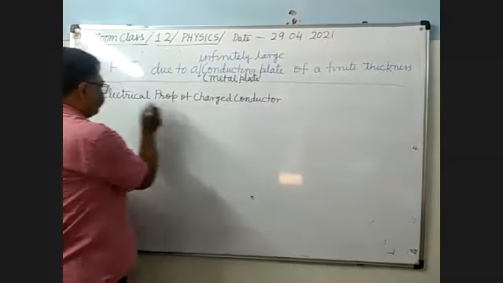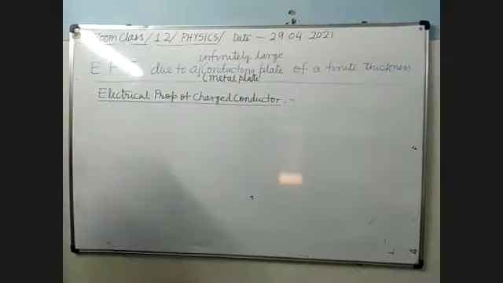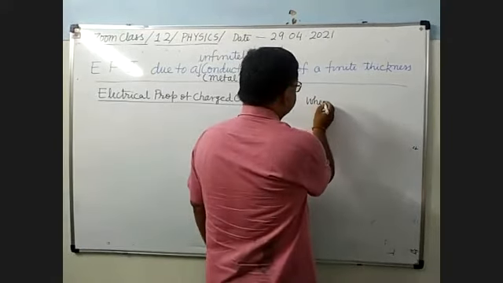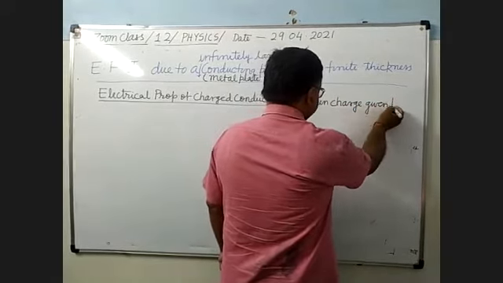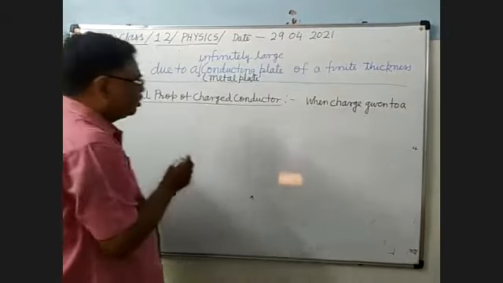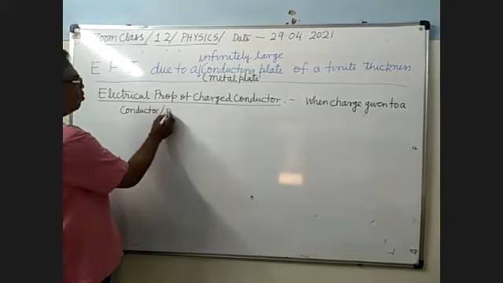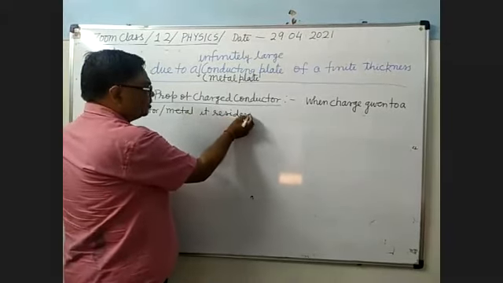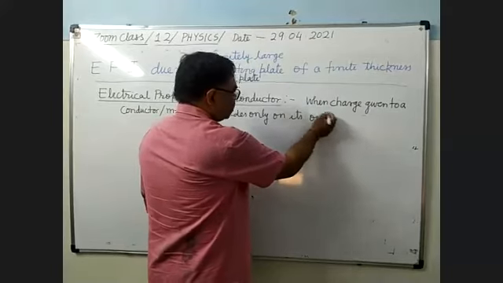When charge is given to a conductor, or to metal, it resides only on its outer surface.